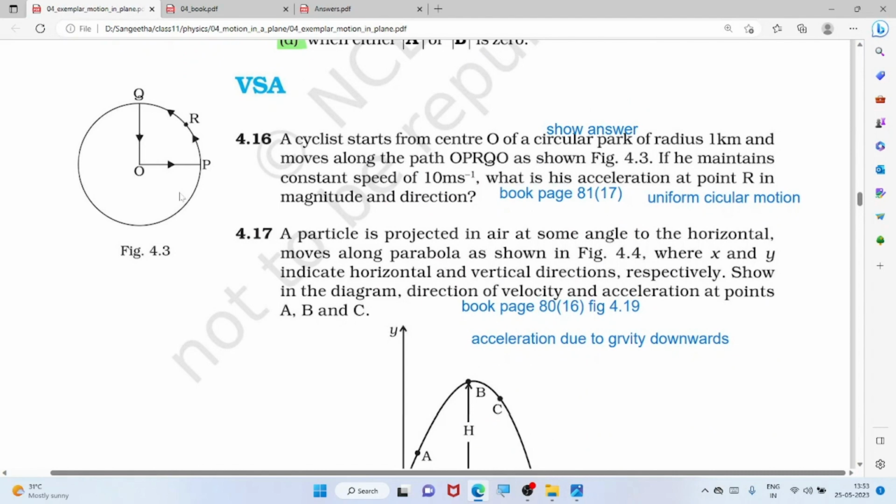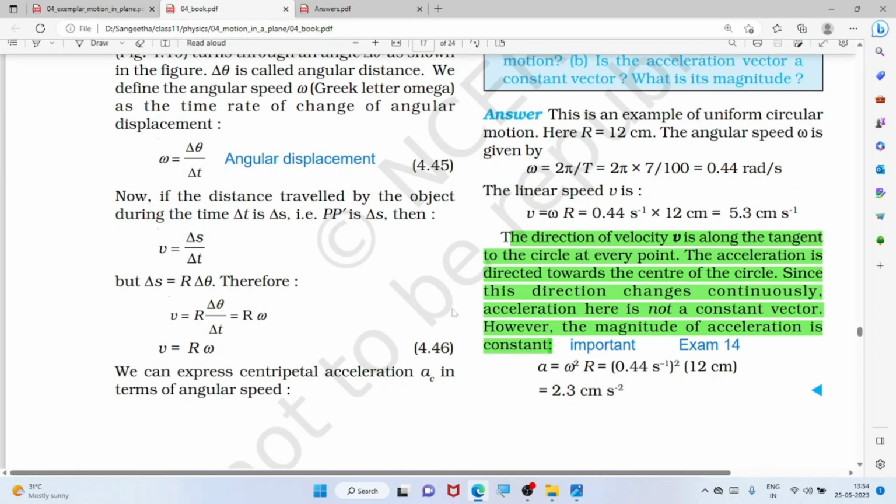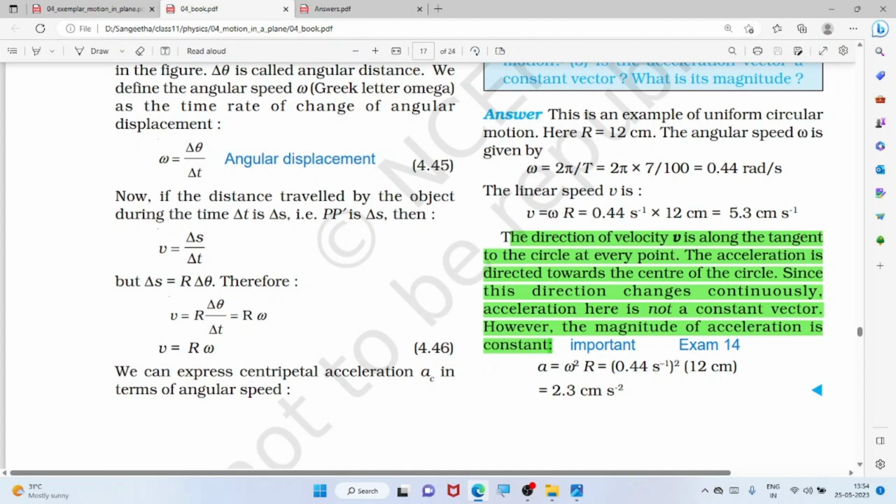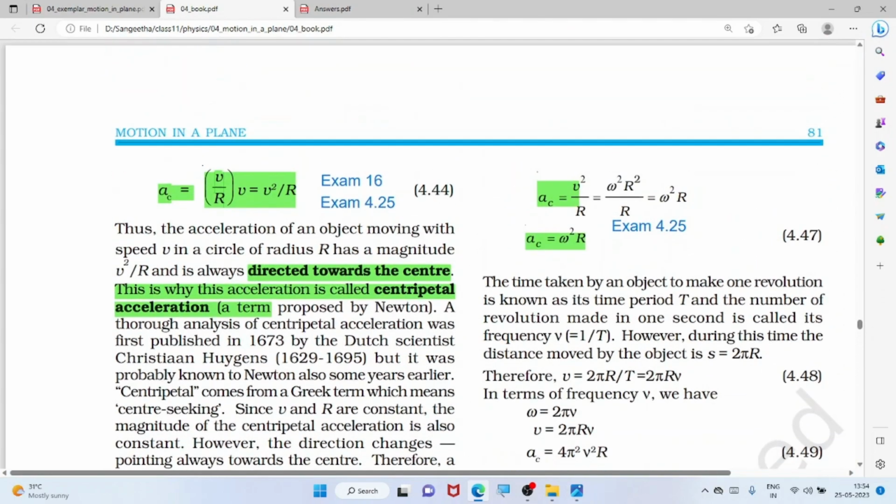The cyclist starts from the center of a circular path of radius 1 kilometer and goes through this. What is the acceleration? That is also in the uniform circular motion, they have given 17. So here it's given. Okay, so this is the formula.